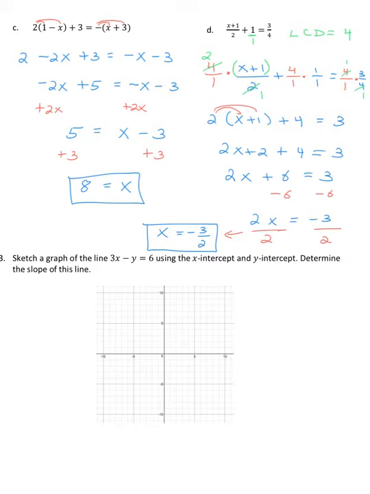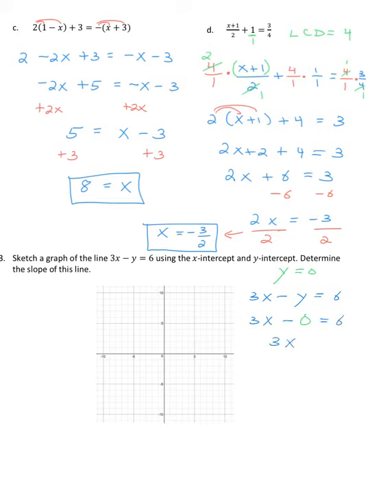In the next question, I'd like to graph this line by using an x and a y-intercept. And this is the x-axis. I'm going to start by finding the x-intercept. To do this, I'm going to let y equal 0 in the original equation of 3x minus y is equal to 6. That is, in place of y, I'm going to just put 0.